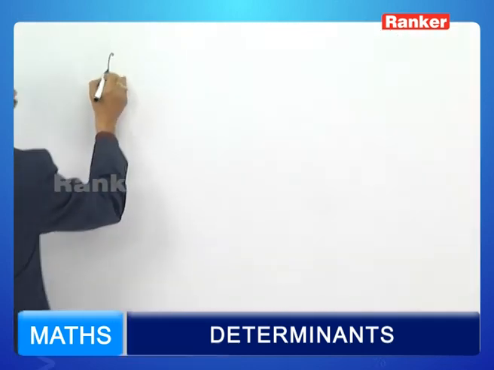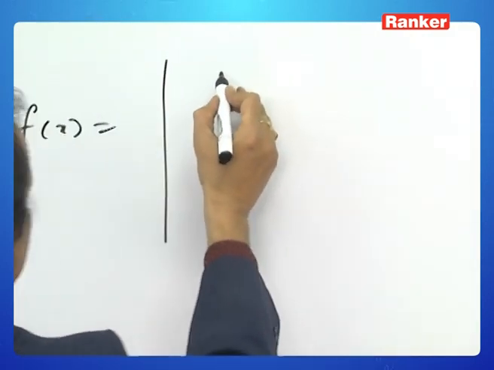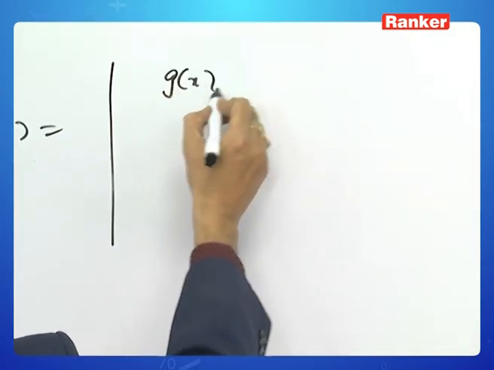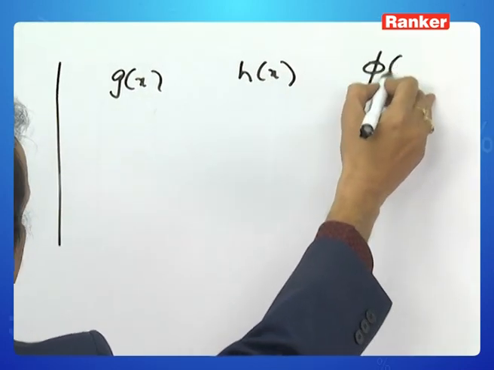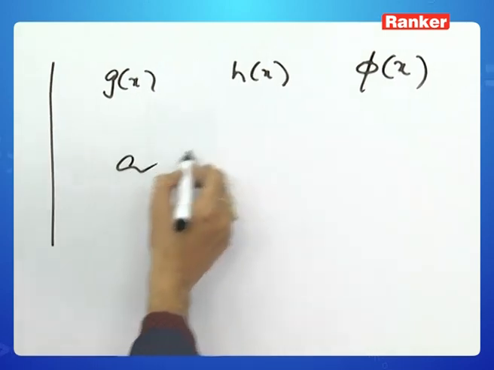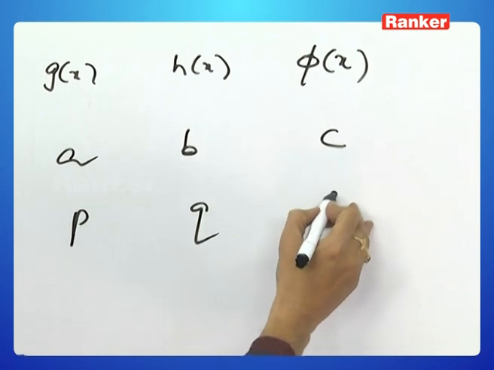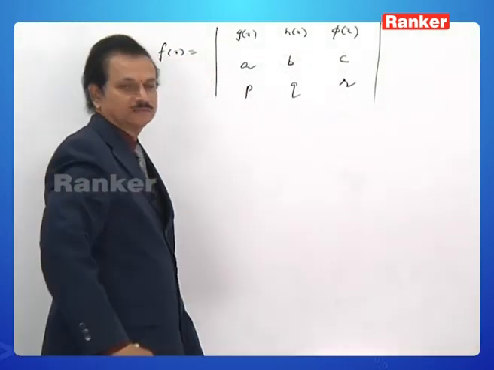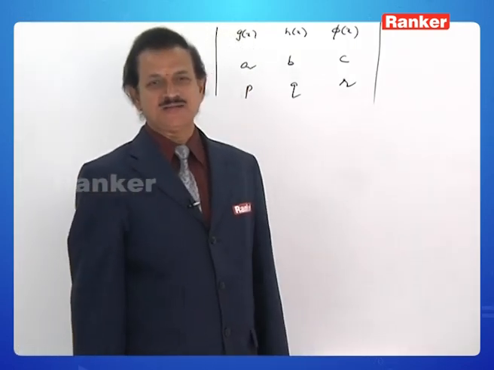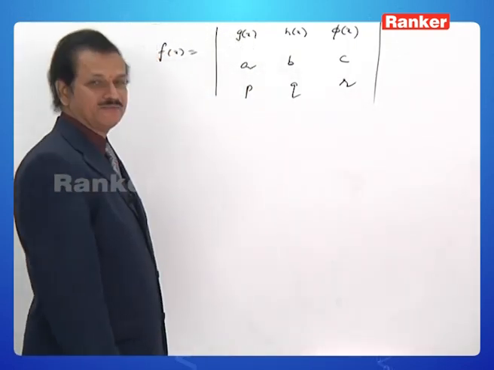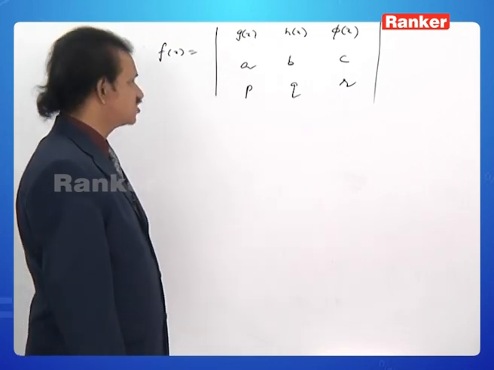Suppose you have f of x is equal to the determinant with first row g of x, h of x, phi of x, like this. What is the specialty of this determinant? In this determinant, the elements of the second row and third row are constants.